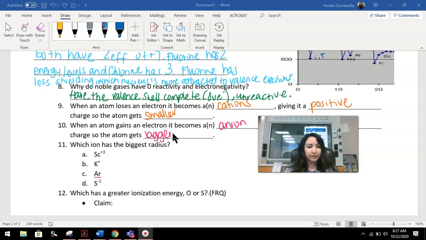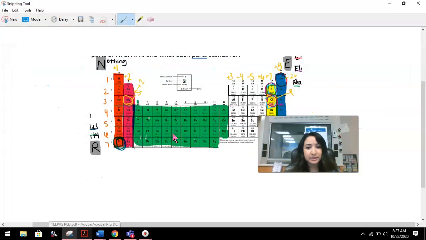Okay, so 11. We are looking for scandium, potassium, argon, and sulfur. Scandium with a +3 charge, potassium with a +1, argon and sulfur with a -2 charge. If we look at the periodic table, I snipped it. Scandium, which is right here, has a +3 charge.